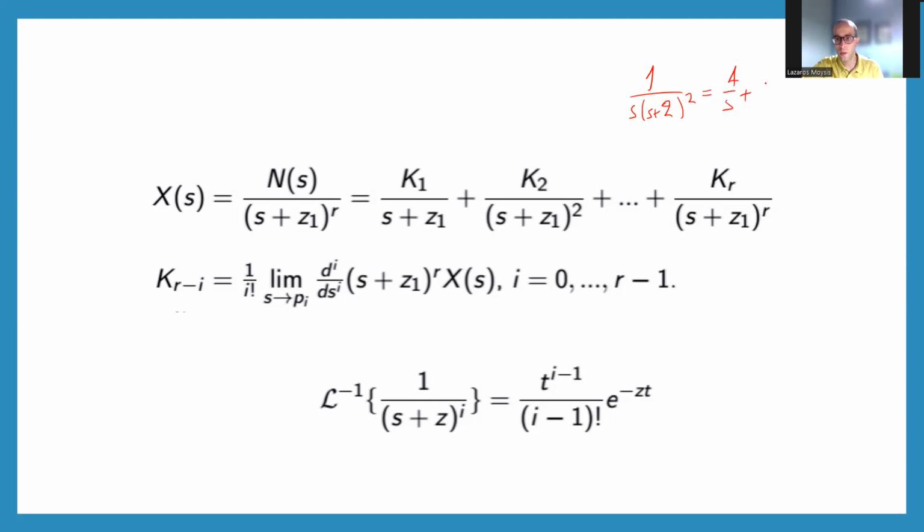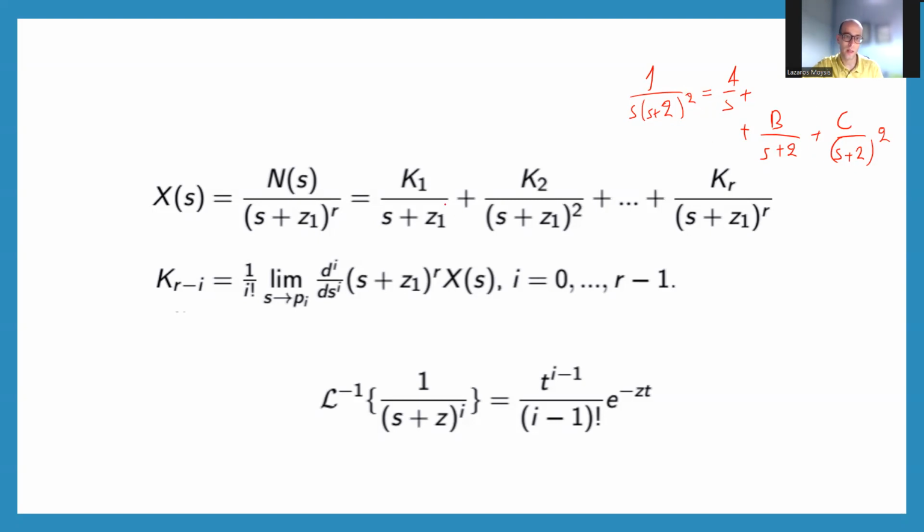Now, the truth is you are going to break down this fraction by breaking down all of the individual terms of lower order. So when I'm breaking down this fraction, I don't only have to include this squared term, I also have to include terms of lower order.